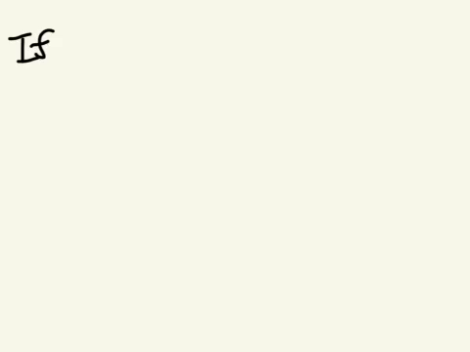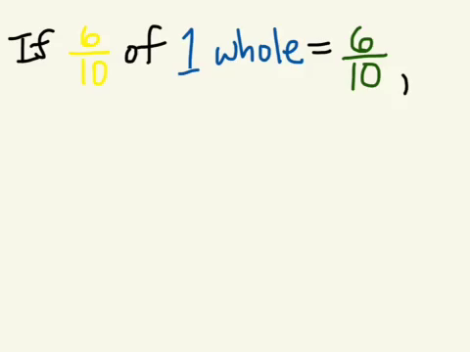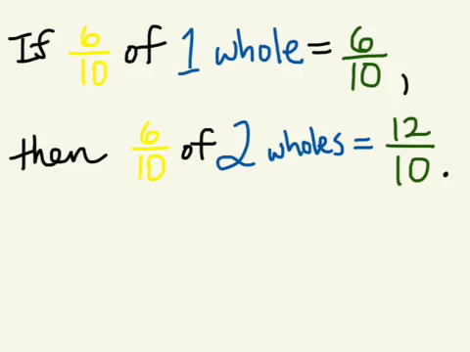So we could say that if 6/10 of one whole equals 6/10, then 6/10 of 2 wholes would equal 12/10. That's an improper fraction. We need to simplify that.